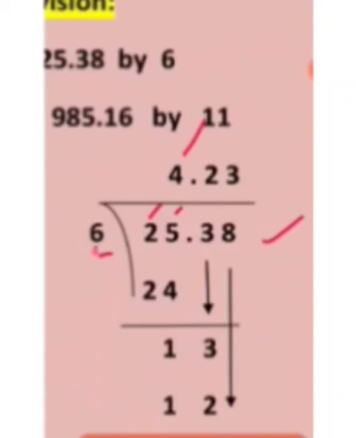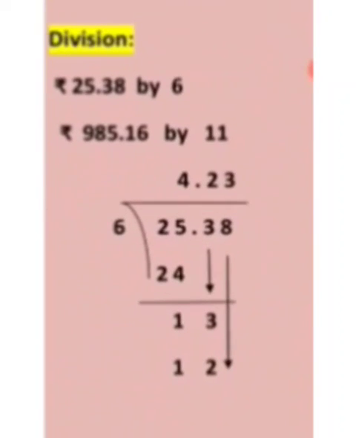6 4s are 24. Now do subtraction. 1 is coming. Now after subtraction, 1 is here and 8 is coming here. So 18. 6 3s are 18.